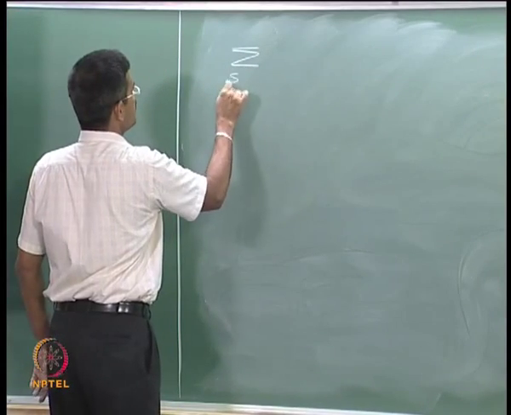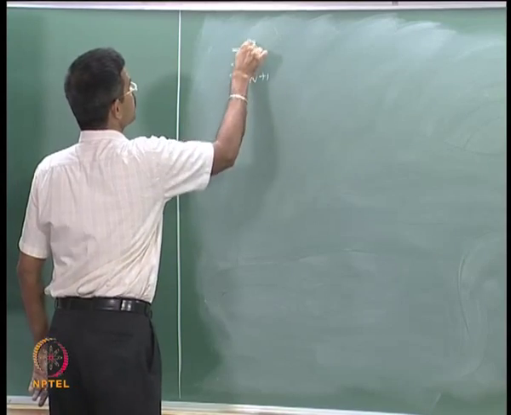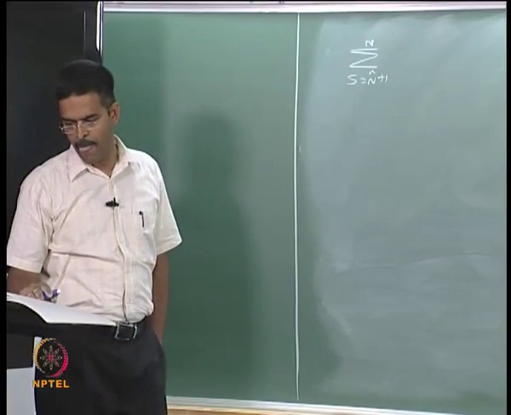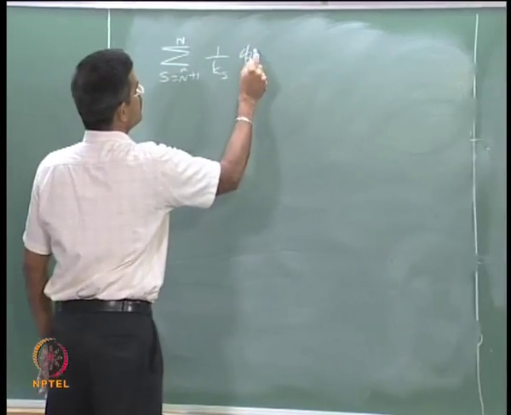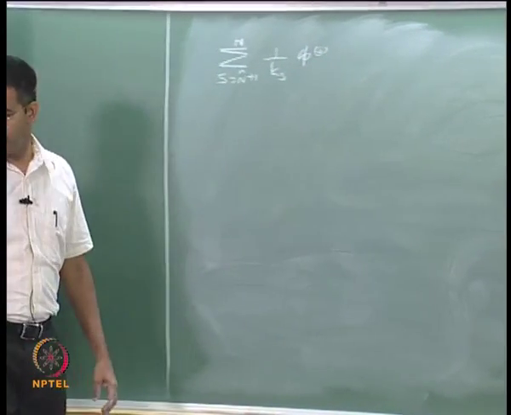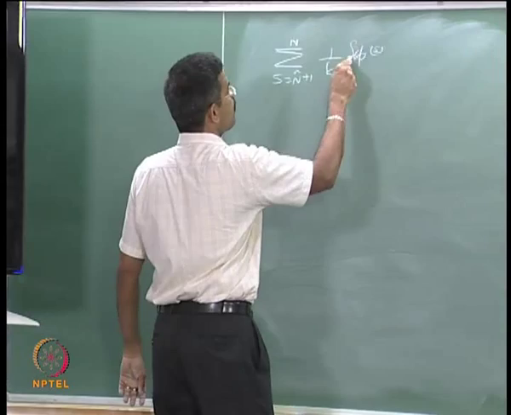Let me now pick up that term only, which is the sum over S, from n hat plus 1 to n, of 1 by Ks phi s phi s transpose.